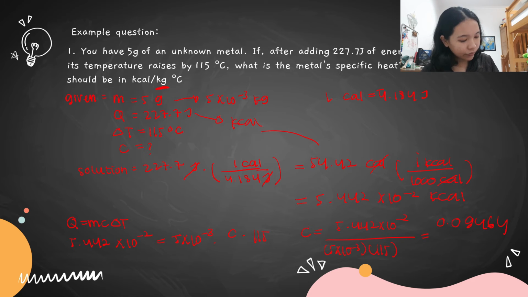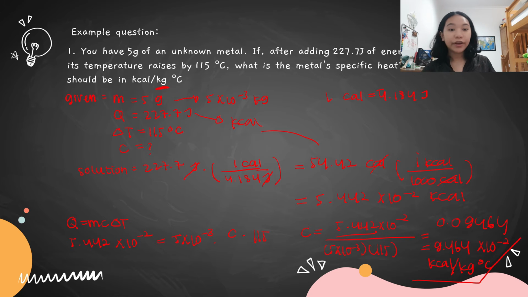Since we have this, which is 4 significant figures, we're going to write this as 9.464 times 10 raised to negative 2 kilocalorie over kilogram degrees Celsius. So this is the answer. Okay, I hope everyone got it right.